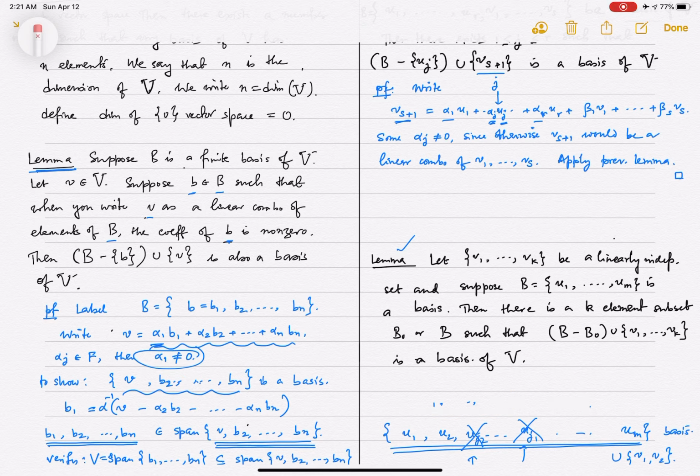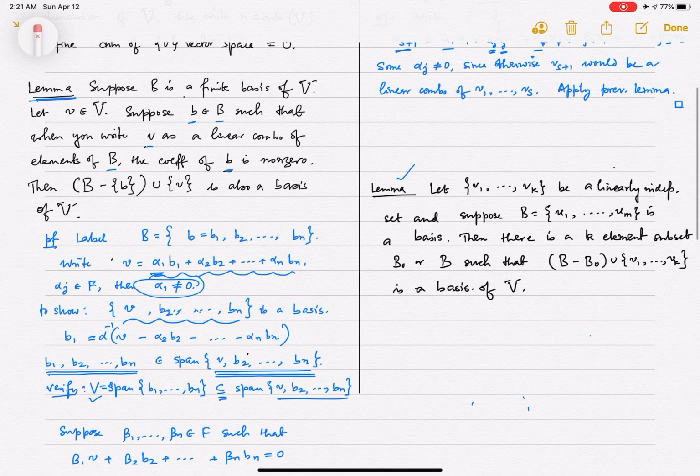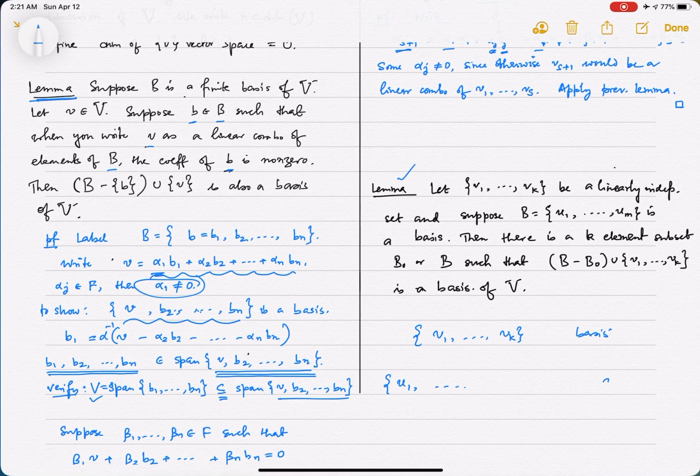Because now, what does the theorem say? You have to prove that if you have two bases, they have the same number of elements. So now let's say I have two bases, v1, v2, ..., vk, and u1, u2, ..., um.